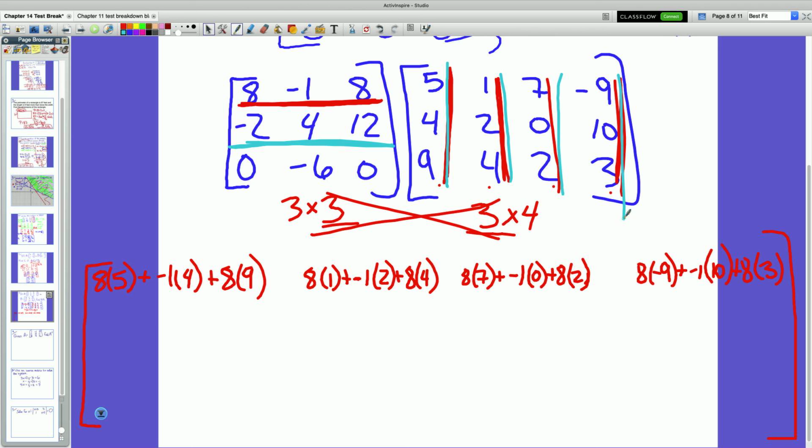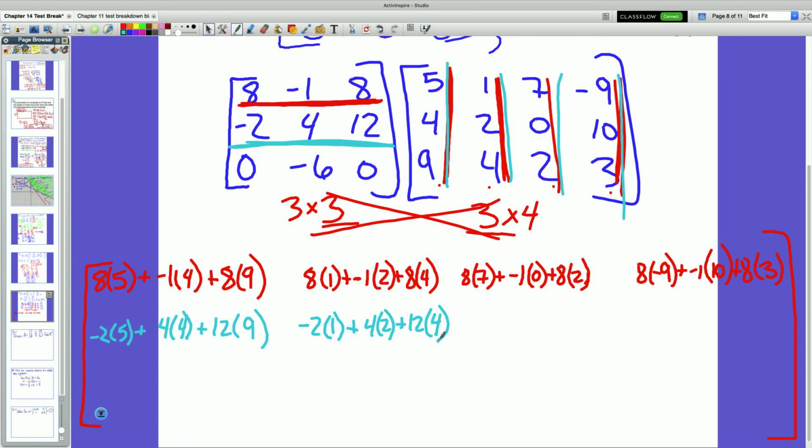So I'd have negative 2 times 5 plus 4 times 4 plus 12 times 9. Then I'd have negative 2 times 1 plus 4 times 2 plus 12 times 4.